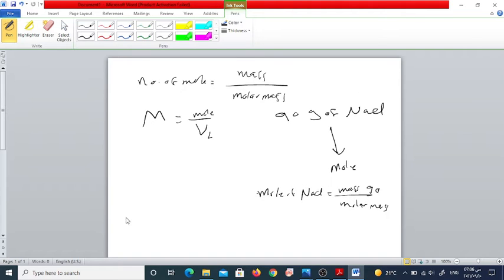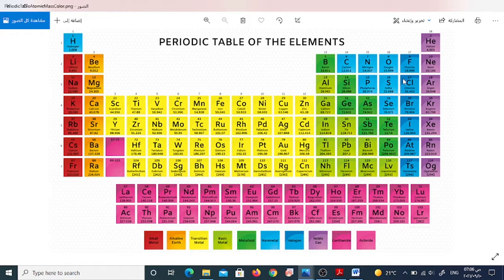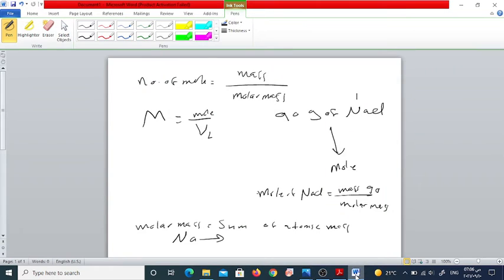You should know how to calculate the molar mass from your previous study. Molar mass equals the sum of atomic masses. Atomic mass of NaCl: atomic mass of Na, let us take it from the periodic table, is 22.99, which is roughly equal to 23 gram per mole.